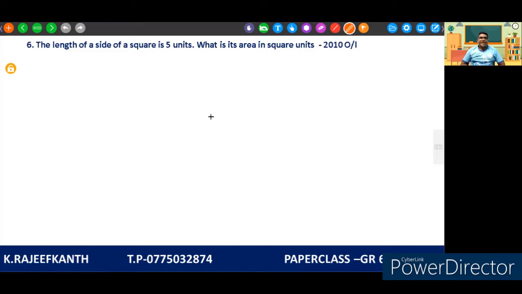Now you have to find what is its area in square units. So you have to find the area of that square in the unit of square units, right? So I think within 5 or 6 seconds, you can find the answer for this question. You are grade 6, right? So you can do it.